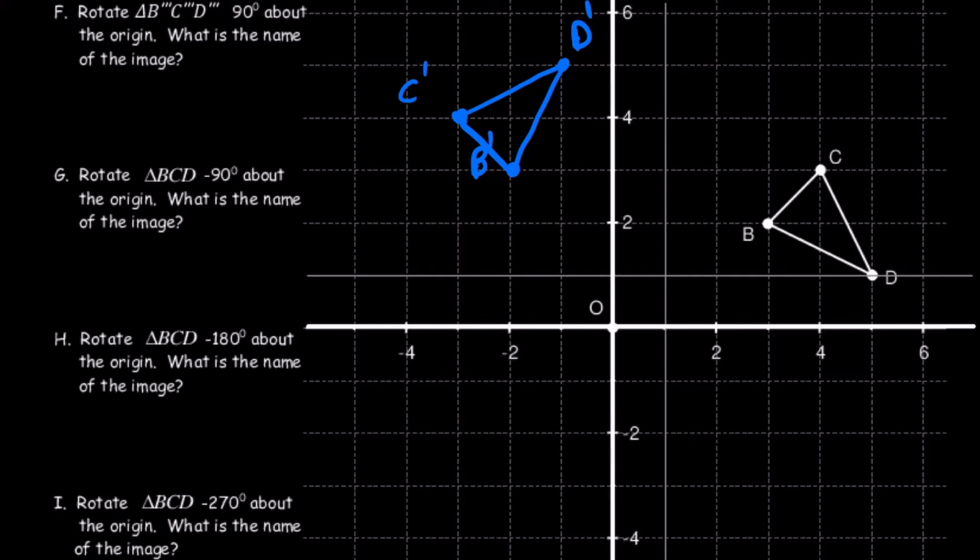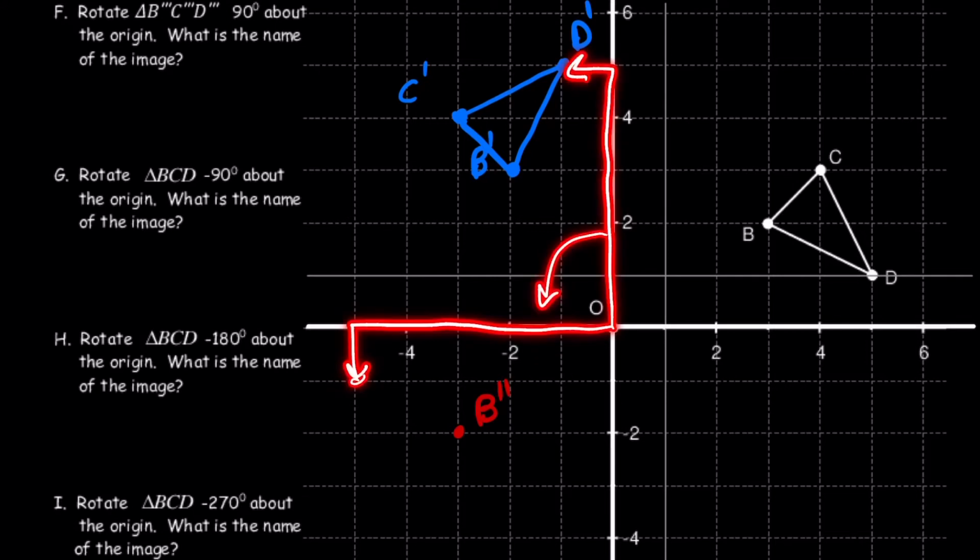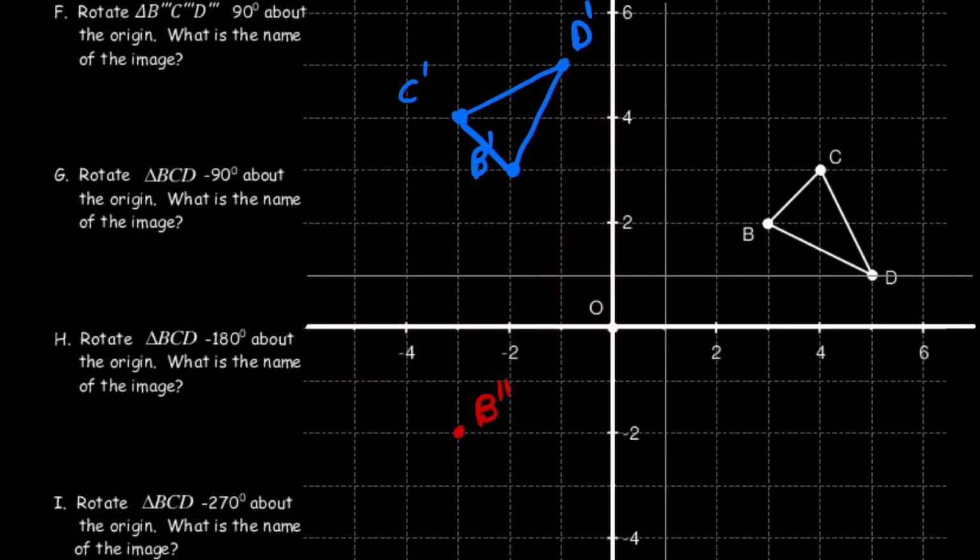Right? Think of it this way. I had to go up 3 over 2. If I rotate that 90, that's like over 3, down 2. That's how I would get that B double prime. Same thing with D. I went up 5 over 1. I have to rotate that 90 degrees, so it's like over 5, down 1. So that'd be D double prime.